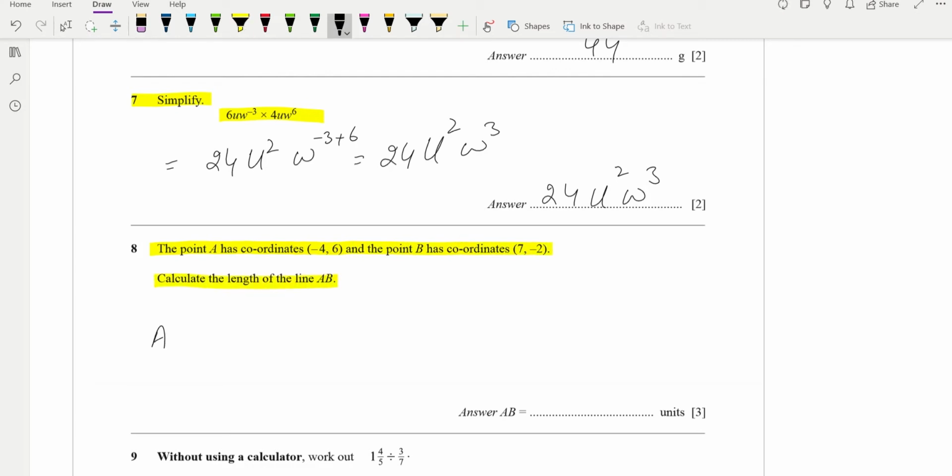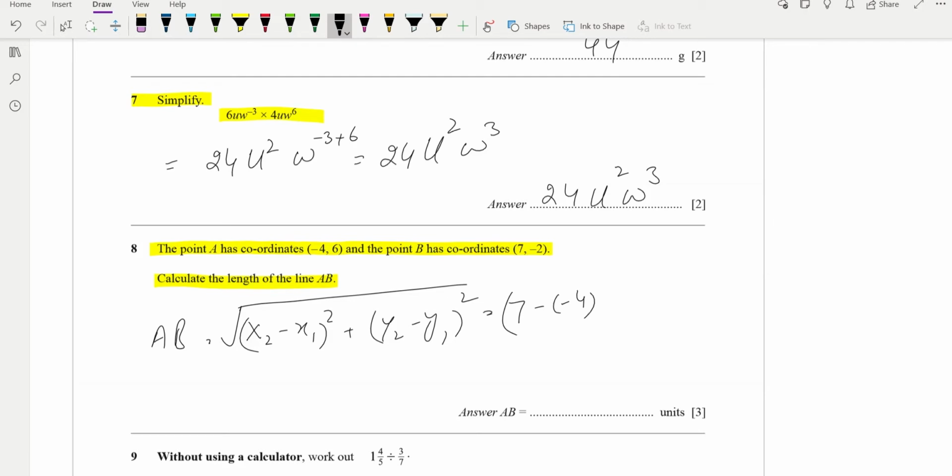Length formula we will apply, AB is equal to the square root of x2 minus x1 squared plus y2 minus y1 squared, and if we replace the values, it will be 7 minus minus 4 squared plus y2 which is minus 2 minus 6 squared, and basically we have taken this one as x2 y2 and this one as x1 y1, and we are using this.